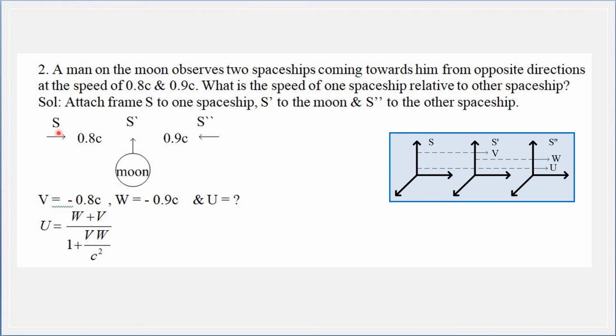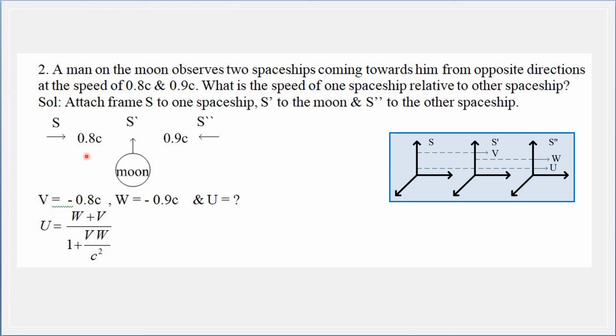Okay. So now this 0.8 c is in this direction, whereas this velocity v is in just the opposite direction. So the magnitude of that v is 0.8 c, but the sign should be minus, because theoretically, according to the derivation, the velocity v is from S to S dash.